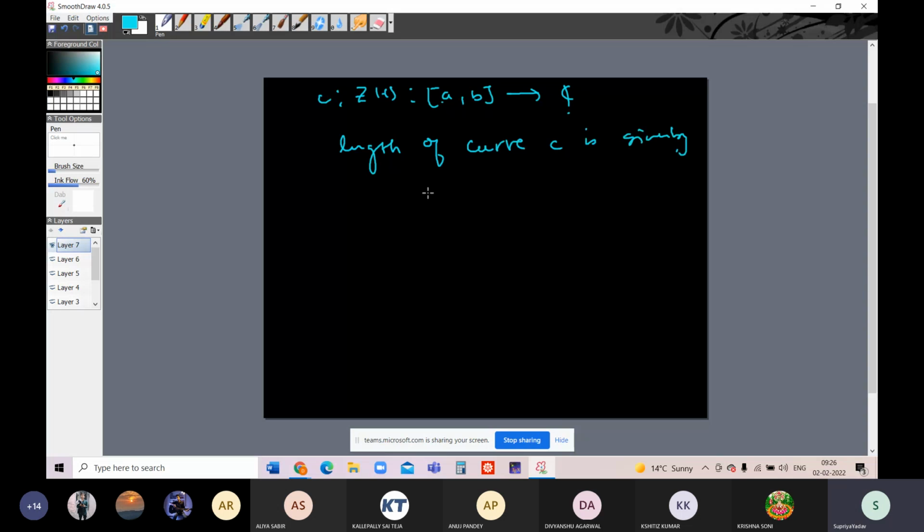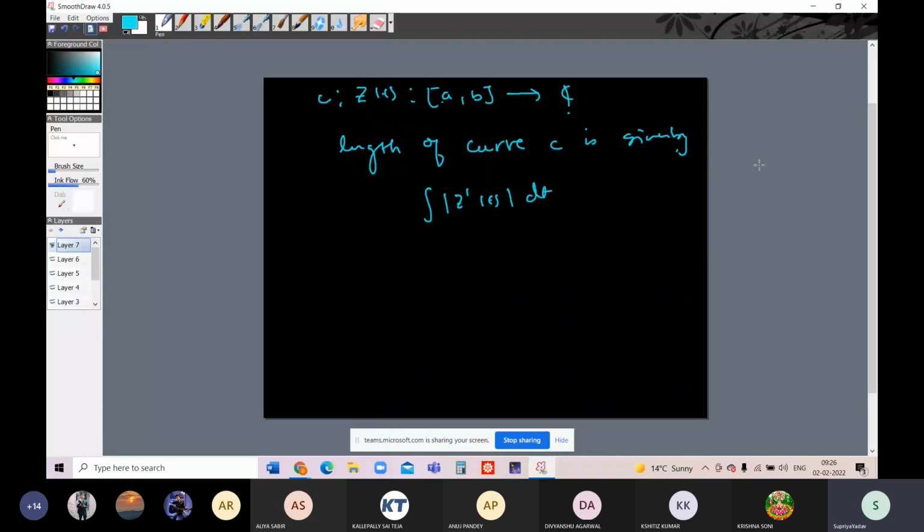One more thing. Suppose that we have a curve C, and we want to find the length of that curve. Suppose z(t) is the curve from the interval to this C. The length of the curve C is given by, what was it, mod of z dash t dt.